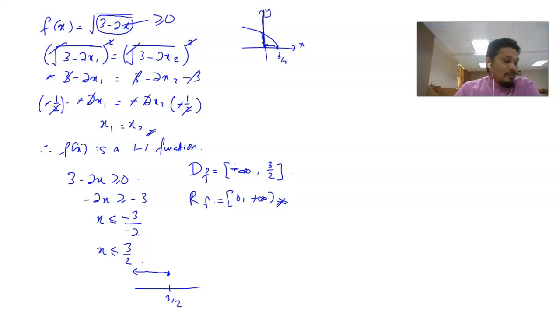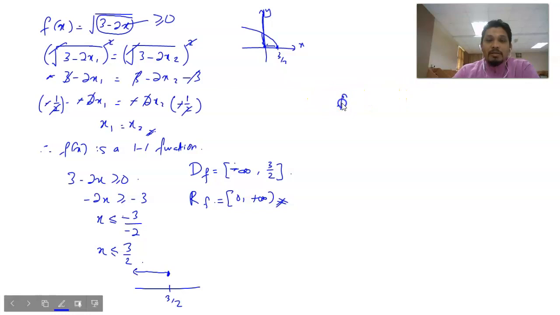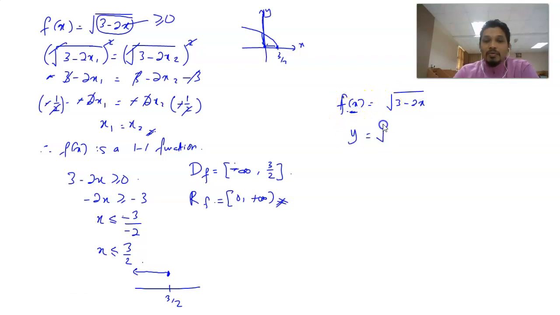Determine the inverse function of f, and also state the domain and range. f(x) equals the square root of 3 minus 2x. Turn it into terms of y: y equals the square root of 3 minus 2x. Square here and also here, so it eliminates the square root sign with the square.